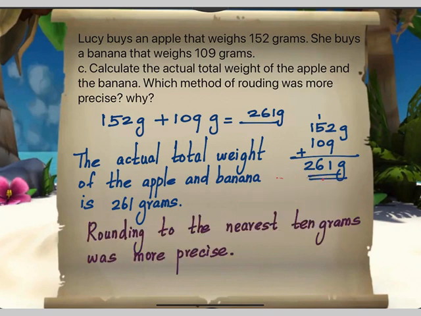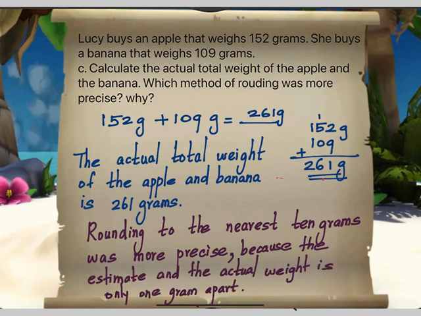The statement will be, which method of rounding was more precise? Rounding to the nearest 10 grams was more precise because the estimate and the actual weight are only 1 gram apart.